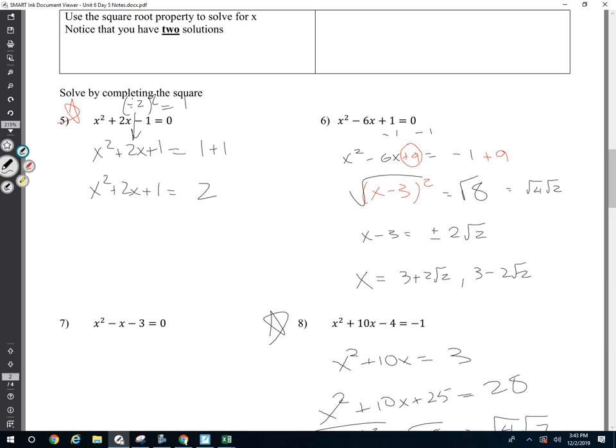You can then rewrite x squared plus 2x plus 1 as a perfect square. This is x plus 1 times x plus 1, which is x plus 1 squared. You can square root, and you can subtract 1.